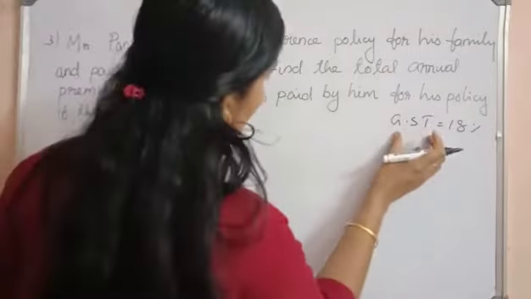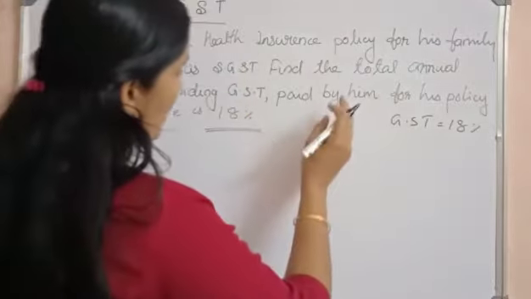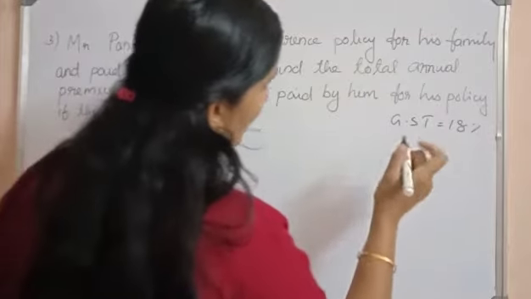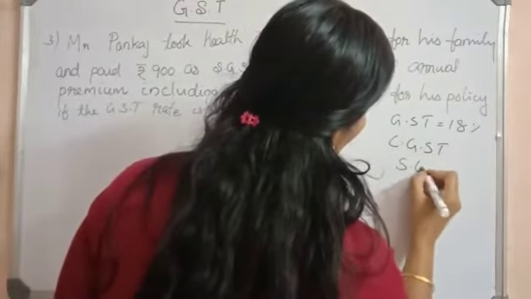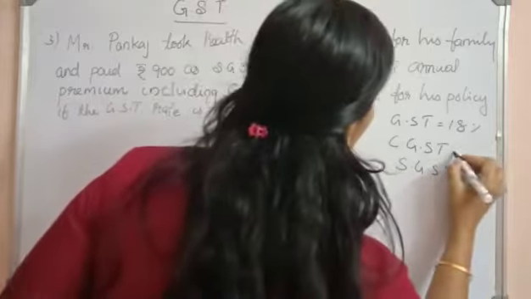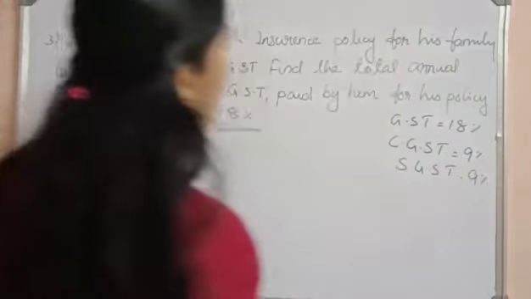Since GST is divided into CGST and SGST, we can see that this is an intrastate service, or this policy is within the state, and that is why there will be CGST as well as SGST. Now it is given that SGST is 900. SGST means 9% and CGST also will be 9%.